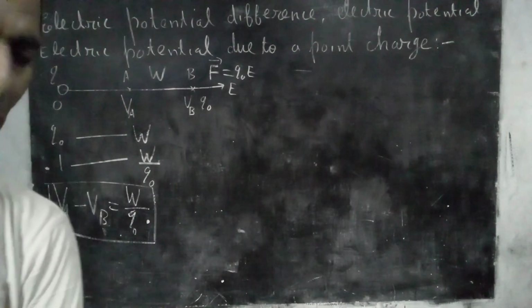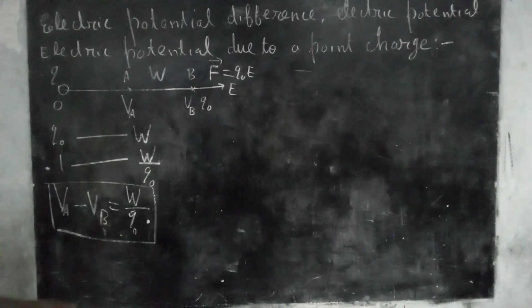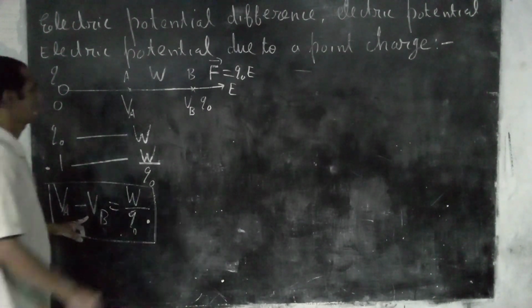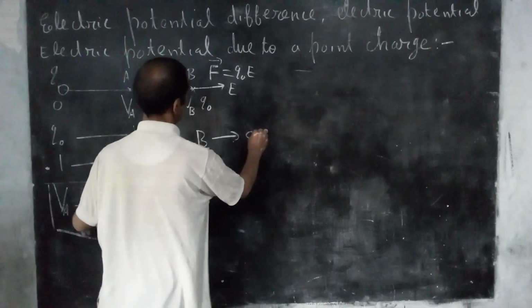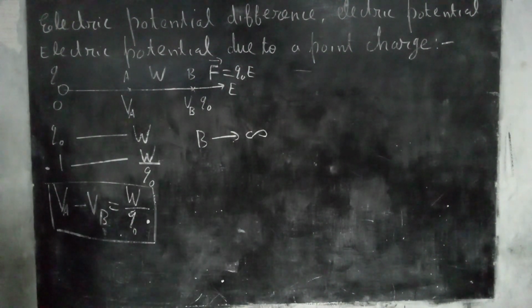In this case, both points are at finite distance. Now, if one point is at infinity, let B be at infinity. Infinity is the point at which no electrostatic force acts and no field exists.